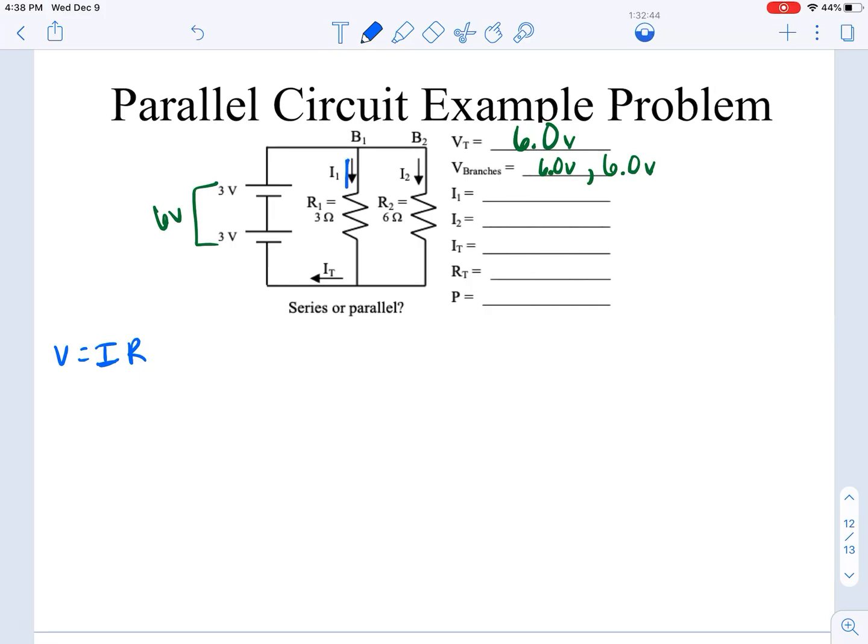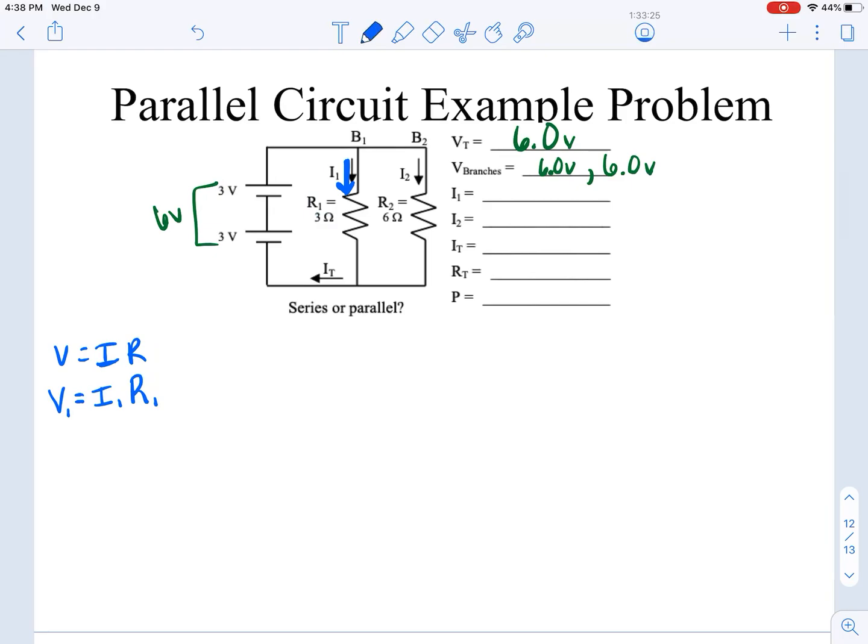So the current that travels through resistor number 1 uses the value of resistor number 1, which is provided here, 3 ohms, and the voltage across resistor 1. Remember, this electron has not encountered any of the devices on the circuit yet, so it currently has all 6 volts available. It's going to dump all 6 volts into that device and then exit with 0 volts. So I know what my voltage is at this location as well.